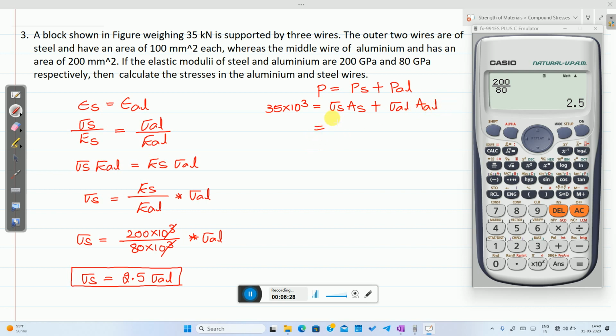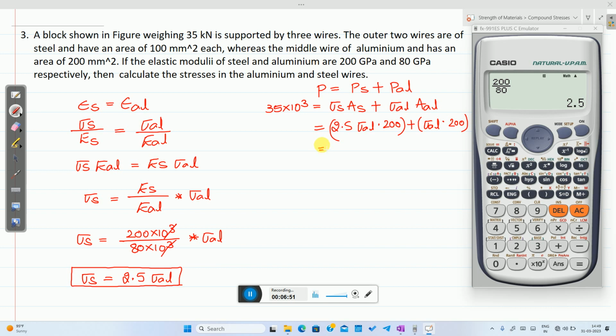So sigma S can be written as 2.5 into sigma AL multiplied by area of steel, here it is 200, plus sigma AL, again area of aluminium it is 200.